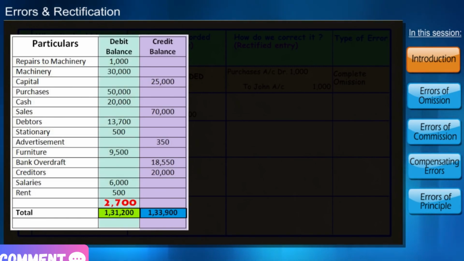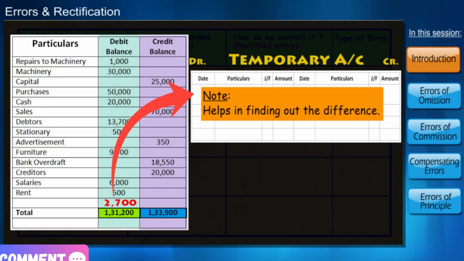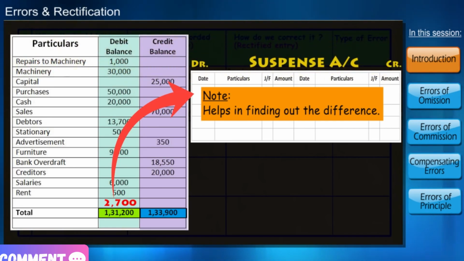So this is where we'll create a temporary account which will just act as a helping tool to us to find out why there is this difference. We call this temporary account a suspense account because we are trying to solve a mystery.